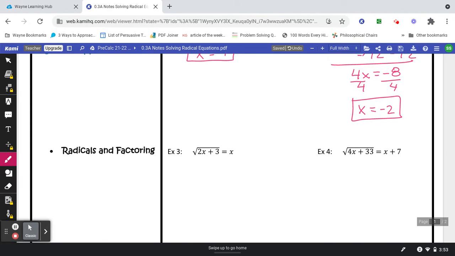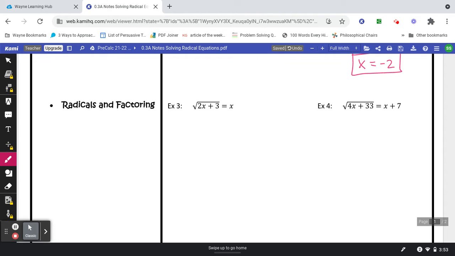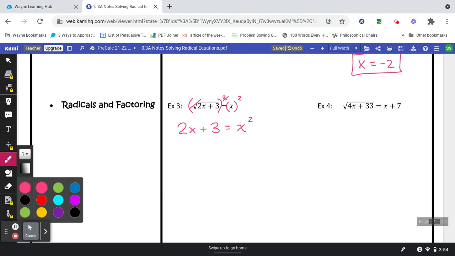For the next set of problems, we have radicals that we're going to have to do factoring with. So that's if you have the x on the right-hand side. So we'll start by squaring both sides. The square root and the square cancel, 2x plus 3. And on the right, we have x squared. Then, make a note off to the side.